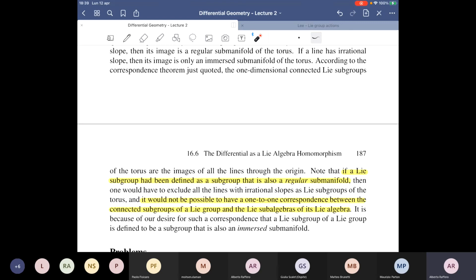And it turns out that on the set of all these transformations, you can define a topology which gives it the structure of a Lie group.